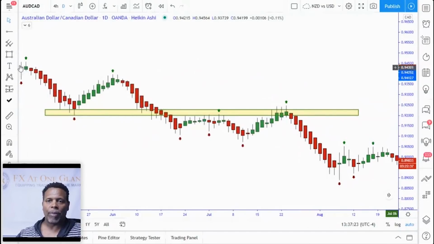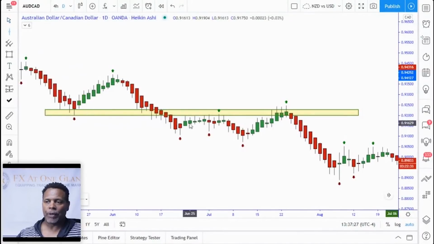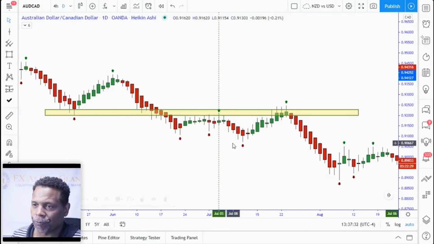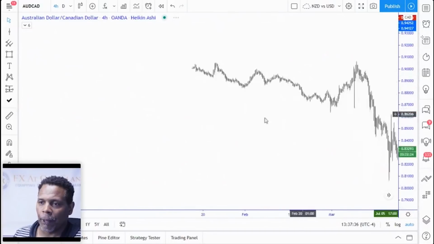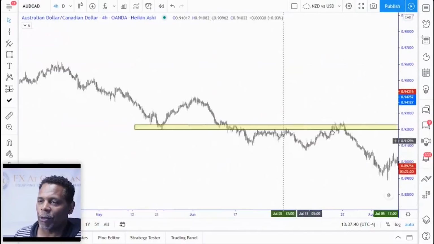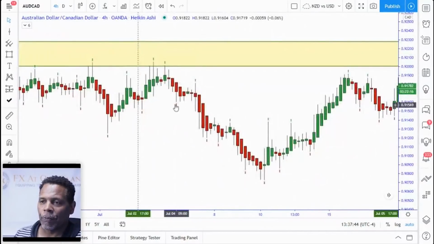But let me go backwards and show you when we go to the 4-hour time frame. So this candle, I'm pretty much going to say this candle hit. I go to the 4-hour, and I could just stay on the 4-hour as long as I have my daily levels. And you could see the 4-hour didn't give me an entry until right there.